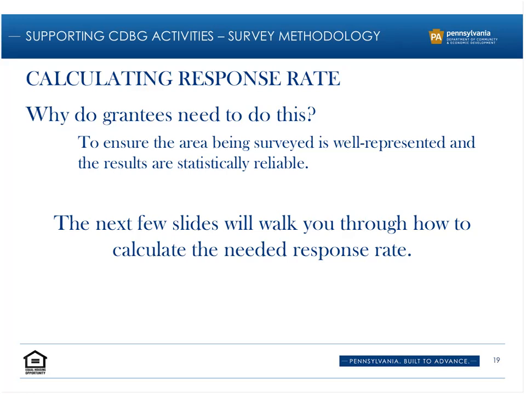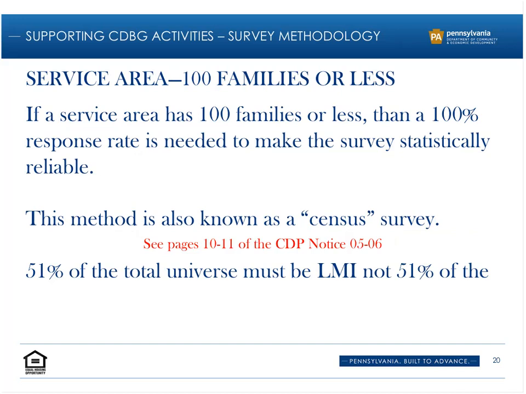So let's talk about when we do a service area that has 100 families or less. Even in our previous survey methodology, it was recommended that you go after 100% of those families for response to make it statistically reliable. We talk about that being a census survey, not a capital C as in the Census Bureau, but a census survey is one where you go after 100% of the results.